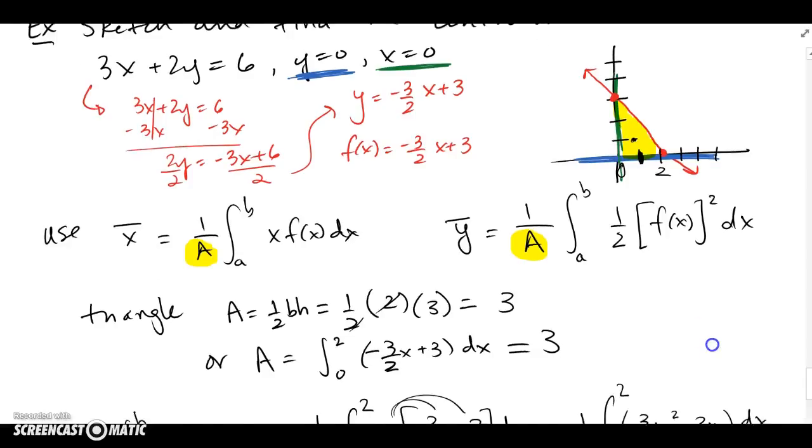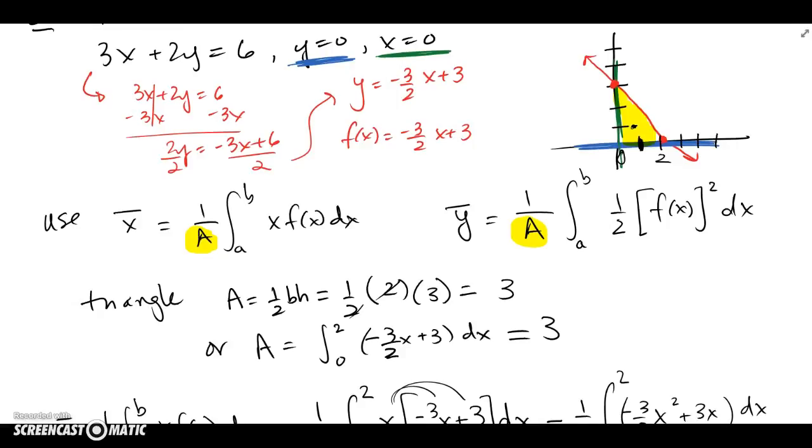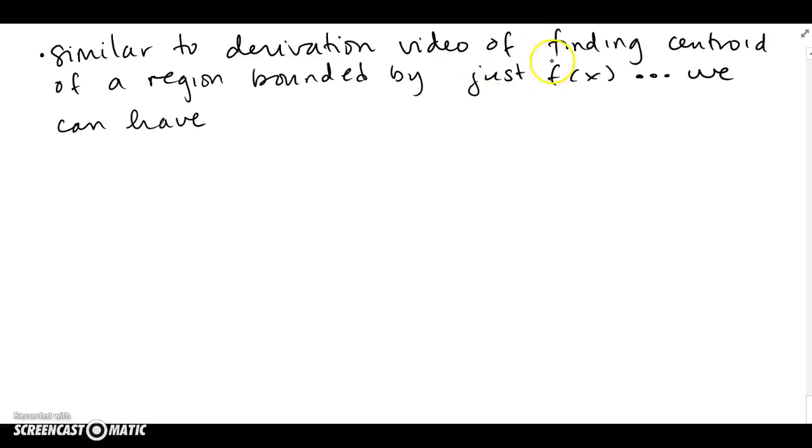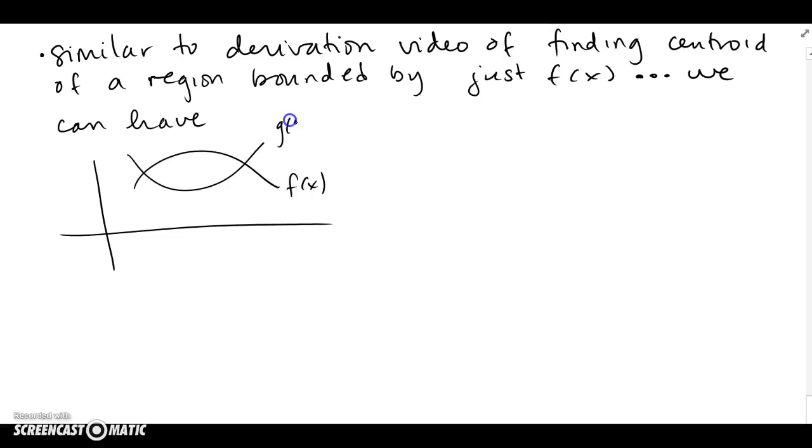Now let's go look at the idea when you have your region bounded by two curves. So similar to the derivation video that we did of finding the centroid of a region bounded only by just the curve f of x, we can also have the region bounded by two curves. So I could have something like f of x for one curve and g of x for another curve between the intersection points A and B, and then we could be interested in the centroid for that region that's bounded by both curves.